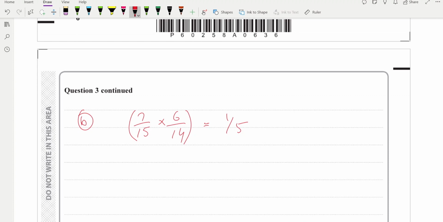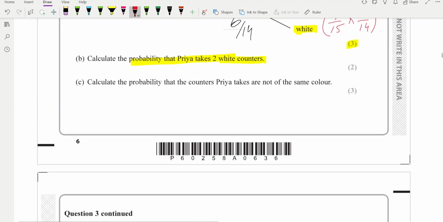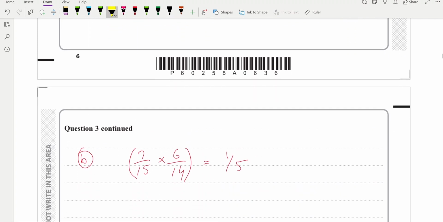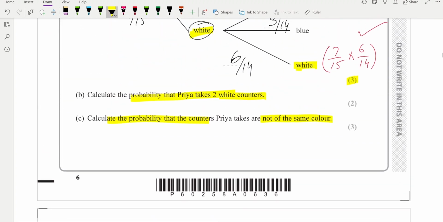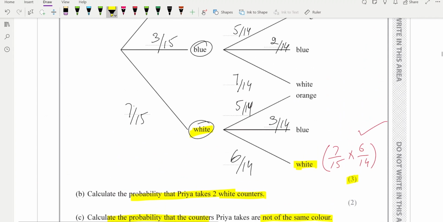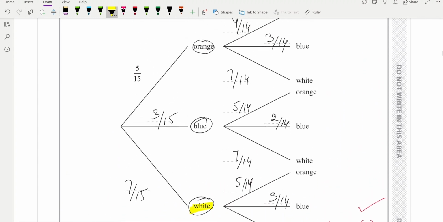This is done. Now we can go through the C part, and the C part is saying calculate the probability that the counters Priya takes are not of the same color. So what we will do, we will calculate the probability that Priya has the same color, and we will subtract it from 1. So what will the same color be?